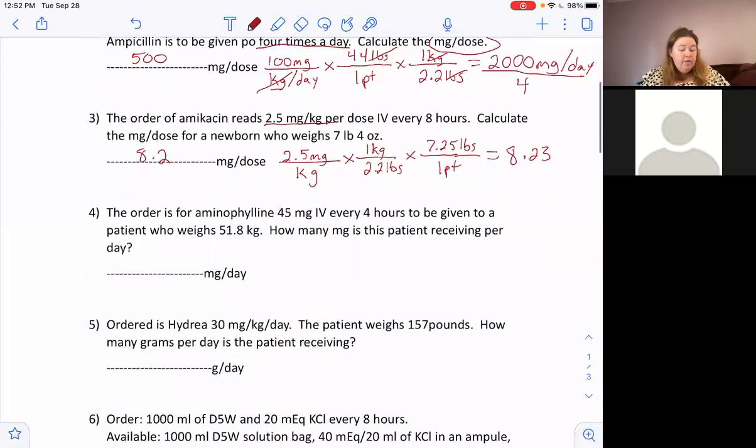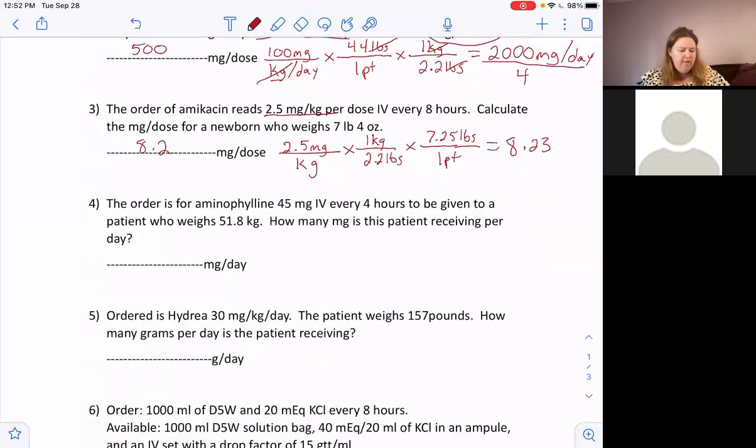Our next one, the order for aminophylline 45 milligrams IV every 4 hours to be given to a patient who weighs 51.8 kilograms. How many milligrams is this patient receiving per day? So we're going to end up with receiving per day. And our order is 45 milligrams IV every 4 hours.